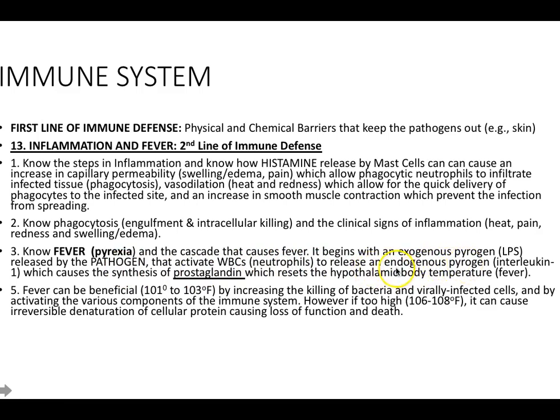So it's inside the body, endogenous pyrogen, like interleukin-1, signal molecules that are then going to be the trigger for the formation of prostaglandin. It's the prostaglandin that's going to go to the hypothalamus in the brain and reset the body temperature.